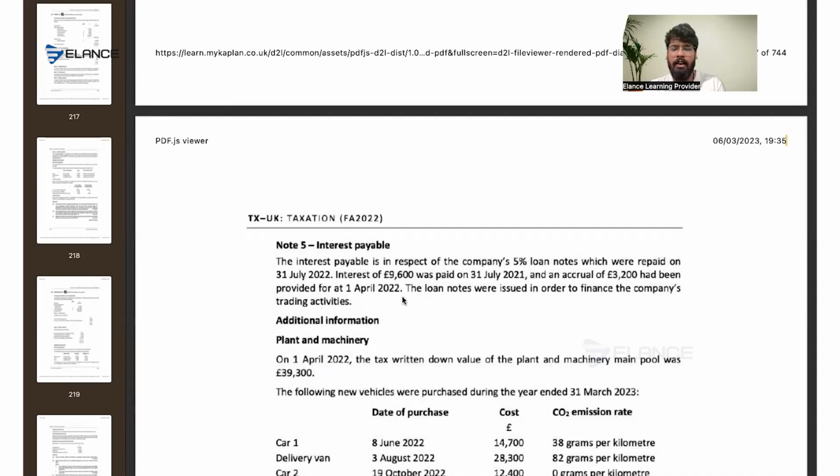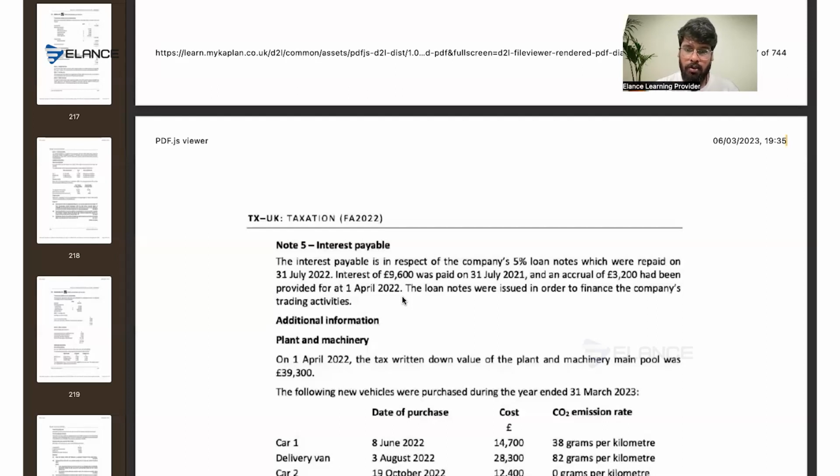Actually, it's a trading related expenditure. They took the loan for the purpose of trading, and any interest they pay for that loan is completely trading related interest. If there are any trading related expenditures paid by the company, that will be completely allowable, so we don't need to make any adjustment on that.